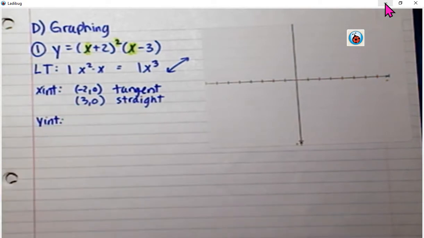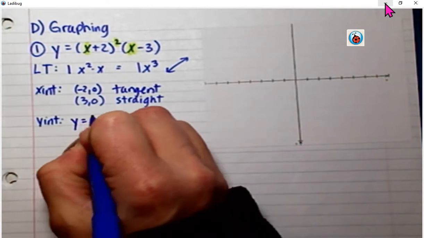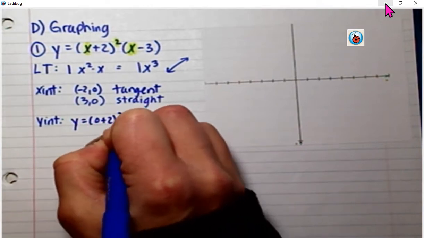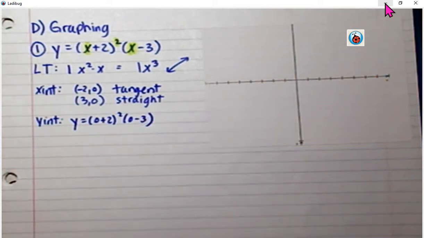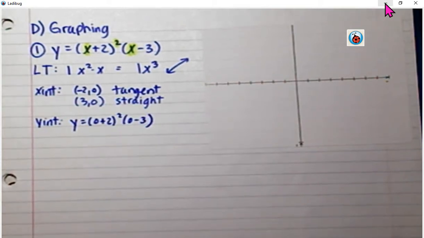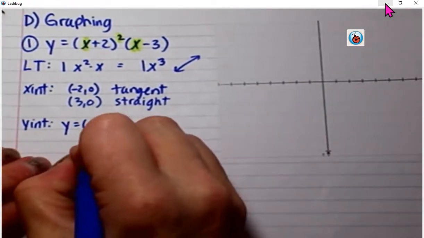And then one last piece here. What's the y-intercept? That means plug in 0. 0 plus 2 squared. No, I didn't teach you that, but that is something you should be able to do without instruction. You just plug in 0.